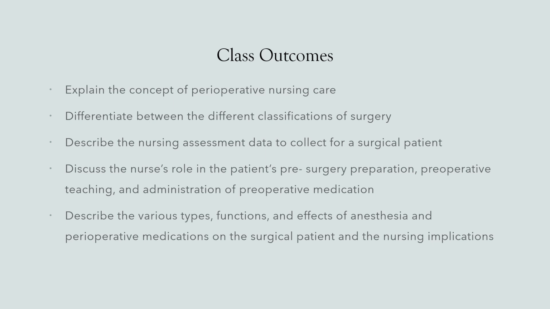We will differentiate between the different classifications of surgery, describe the nursing assessment data to collect for a surgical patient, discuss the nurse's role in the patient's pre-surgery preparation, preoperative teaching, and administration of preoperative medication, and then describe the various types of functions and effects of anesthesia and perioperative medications on the surgical patient, and then the nursing implications.